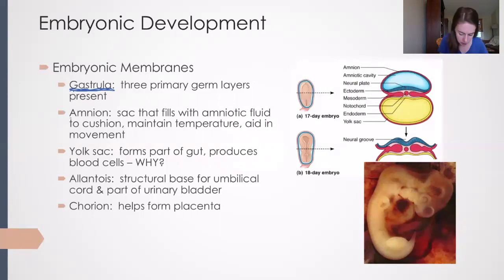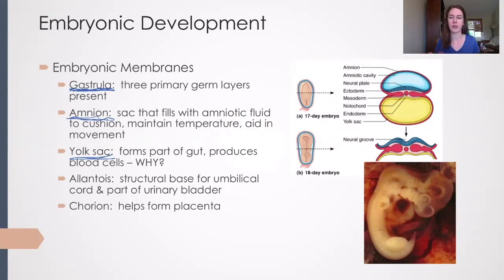The amnion, which is that sac which will form the amniotic fluid, that's what is going to rupture when a woman says that her water breaks at the beginning of giving birth. The yolk sac produces red blood cells, and that's one of its major roles right at the beginning of pregnancy, because the fetus does not yet have red bone marrow, which forms red blood cells in an adult living human.